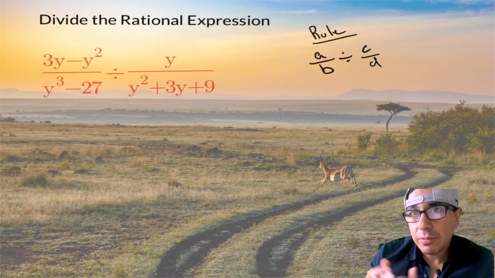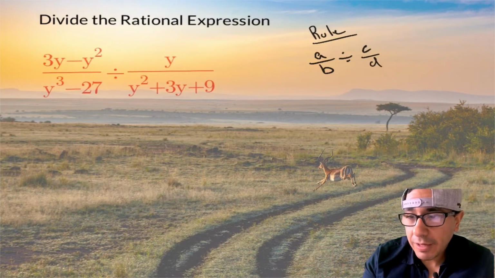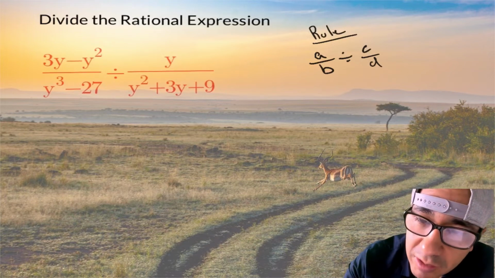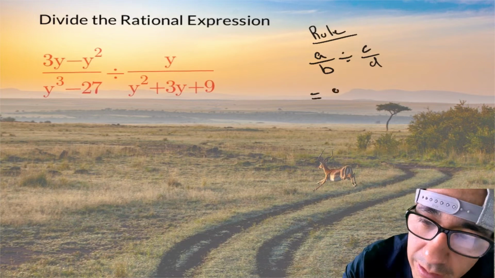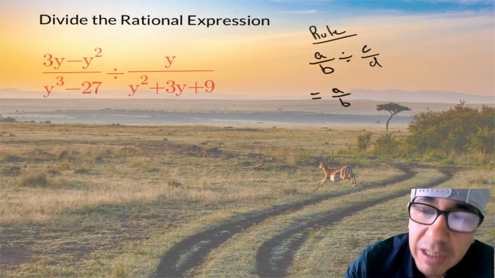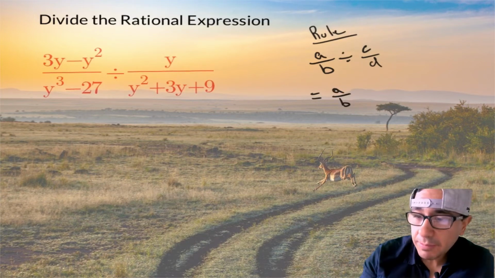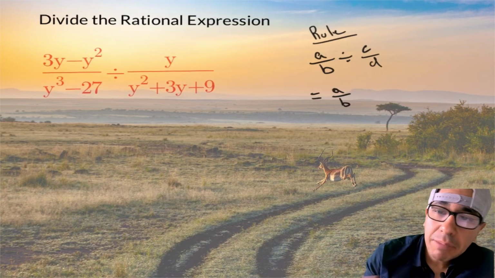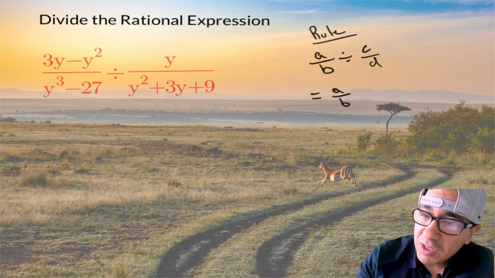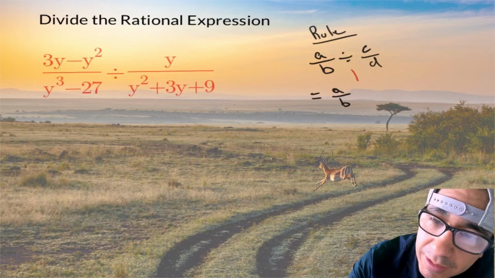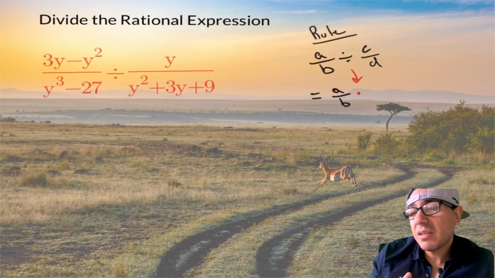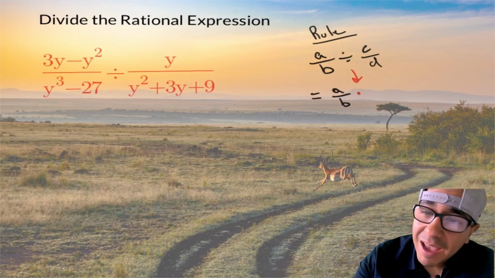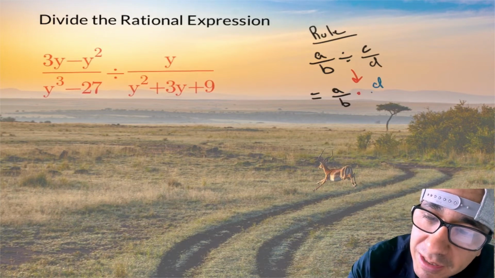Just a reminder in case you have forgotten: when we do this division, that first fraction, we leave it alone. Don't touch it. So we drop it like it's hot, bam. But this division is going to turn into a multiplication, and we end up multiplying by the reciprocal, d over c.